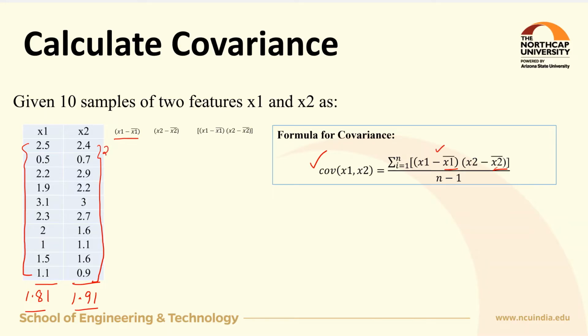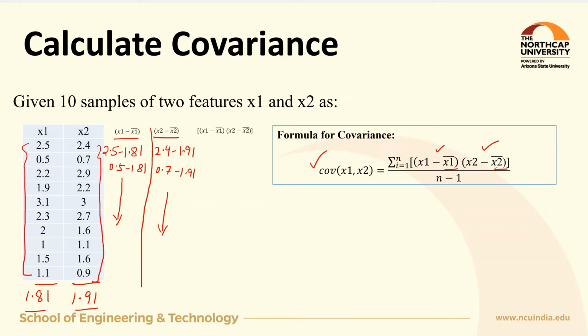For the first sample 2.5 minus 1.81, similarly for second 0.5 minus 1.81, and keep on calculating the rest of the values. Now in the same way calculate x2 minus x2 bar. x2 for first sample 2.4 minus mean 1.91, for second sample 0.7 minus 1.91.